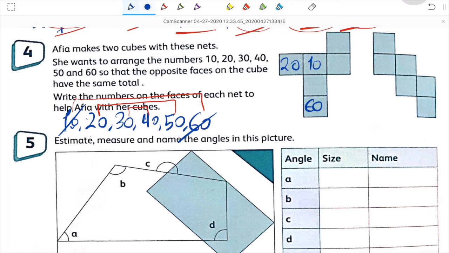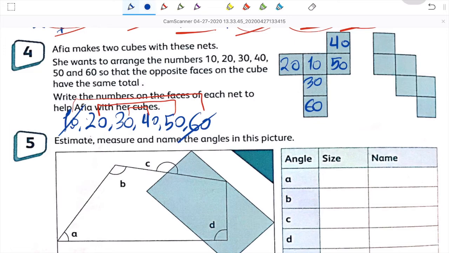So the number related to 20 is going to be 50 in order to make a total of 70. So 50 is going to be sitting here. So the other numbers are going to be 30 and 40. If you make this net on a paper and fold it exactly the way it is here, these numbers are going to face the opposite side of each other, and all of them are going to make a total of 70. Like 10 and 60 is going to make 70, 20 and 50, and 30 and 40.